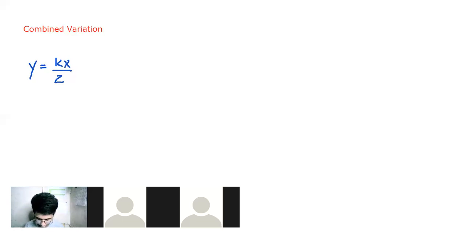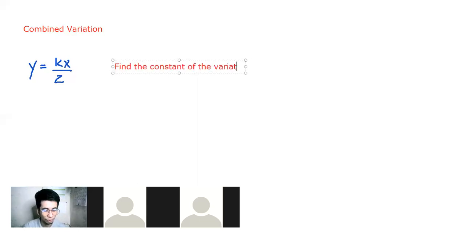So we have here again: find the constant of the variation and the equation. Of course, if we find the constant, we also find the equation of the variation.